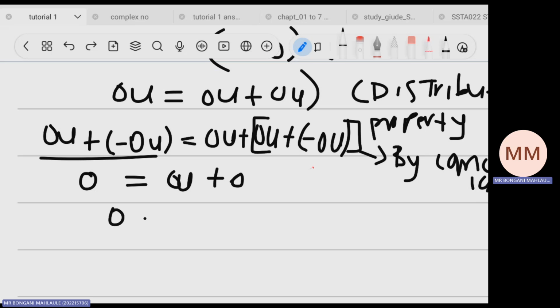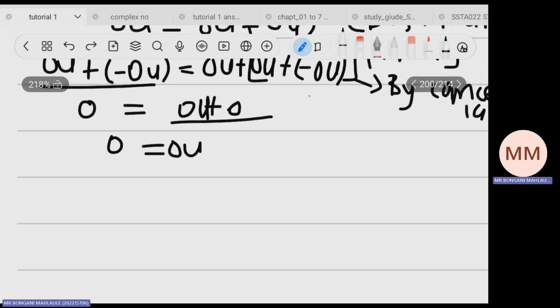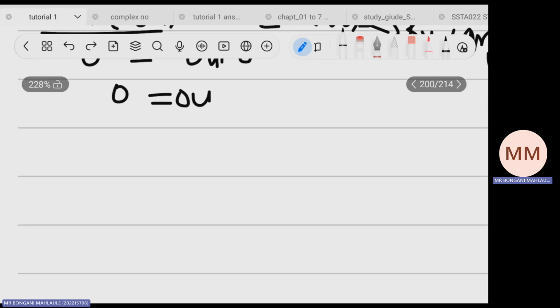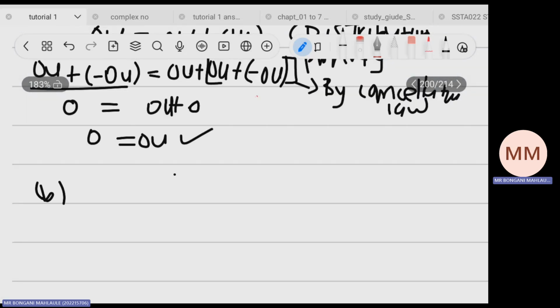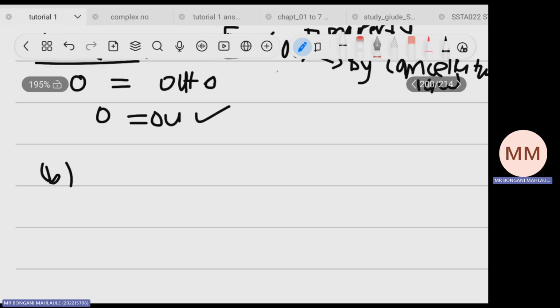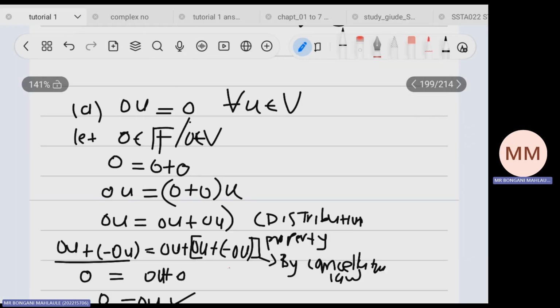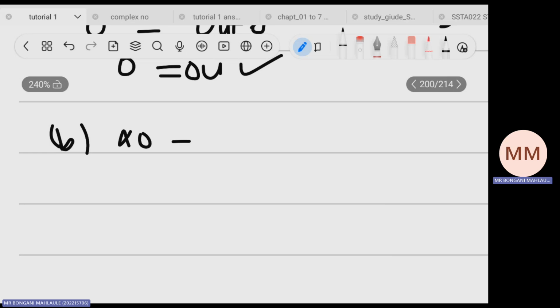So we managed to show that 0 is equal to 0u, because when you add these two, you just get 0. So we're done with the first one. And then number B, they said show that alpha 0 is equal to 0. Okay, I'm going to skip B for now.